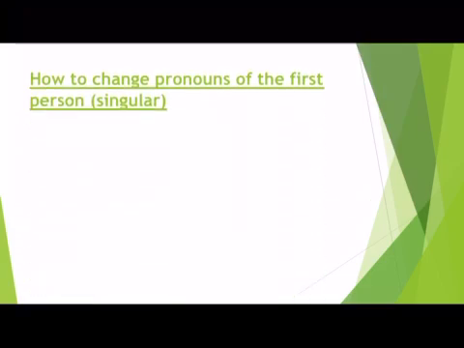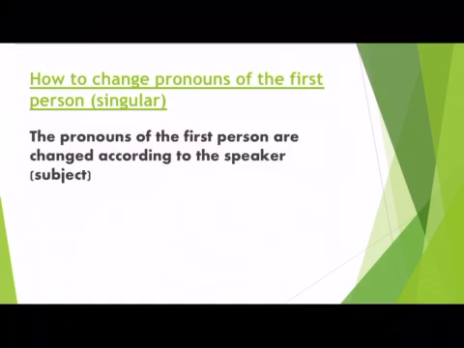Now let me tell you how to change the pronouns of the first person. The pronouns of the first person, for example, I, my, me, are changed according to the speaker of the dialogue, who is also known as the subject.